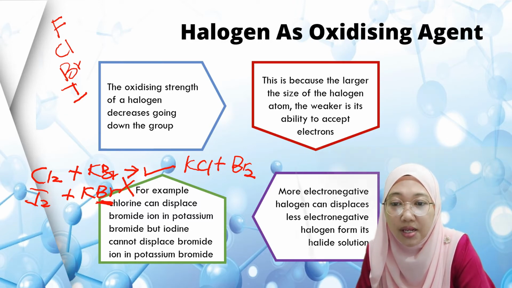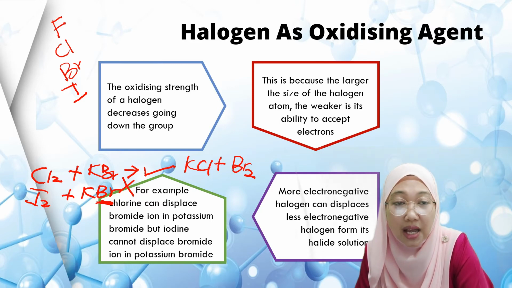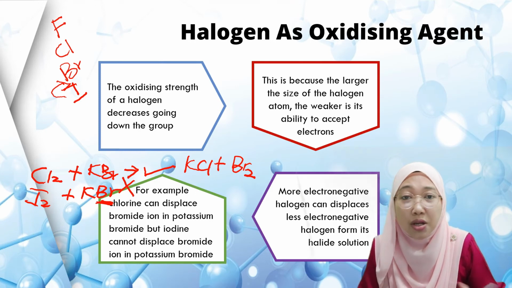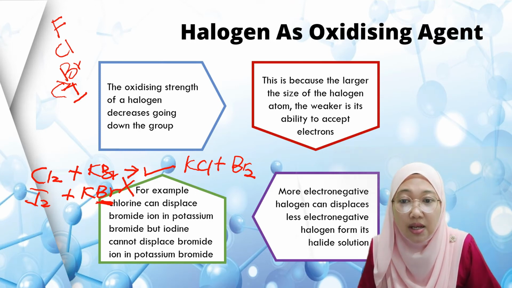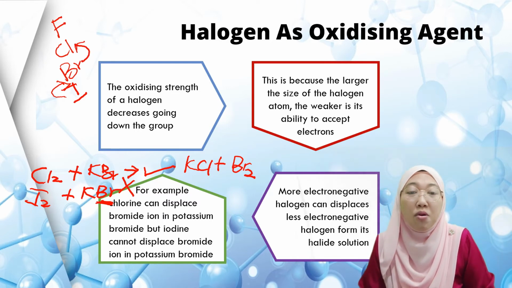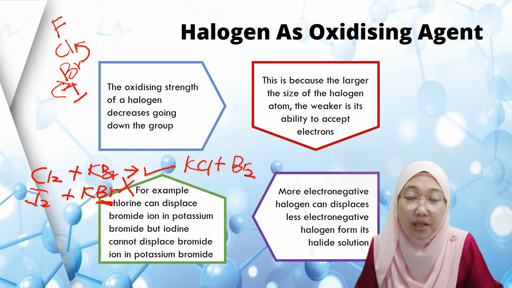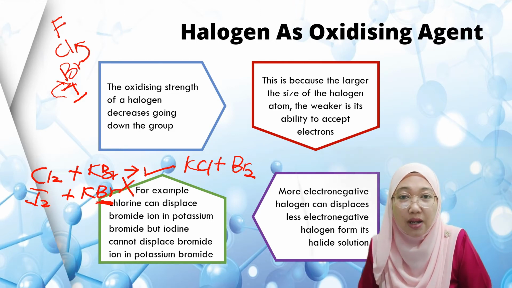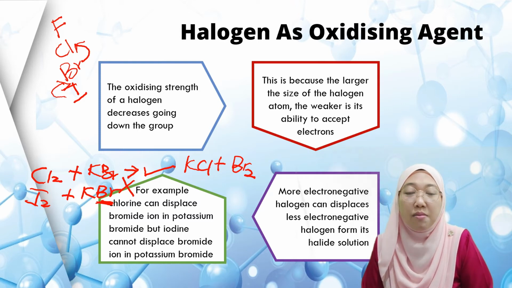Okay, sebab apa? Sebab kedudukan bromine lebih tinggi daripada iodine. Which means, okay, bromine is more electronegative than iodine. So, iodine tak boleh nak displace. Okay, compare dengan chlorine tadi. Okay, chlorine ni, dia more electronegative than bromine. That's why dia boleh displace bromide ion in potassium bromide.